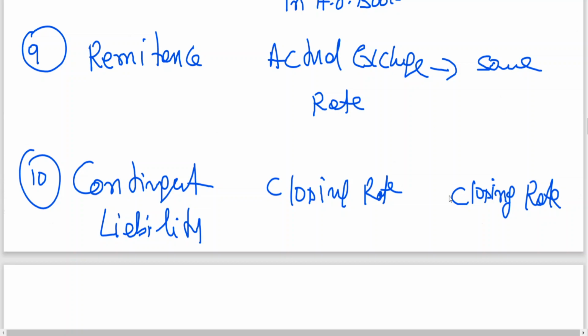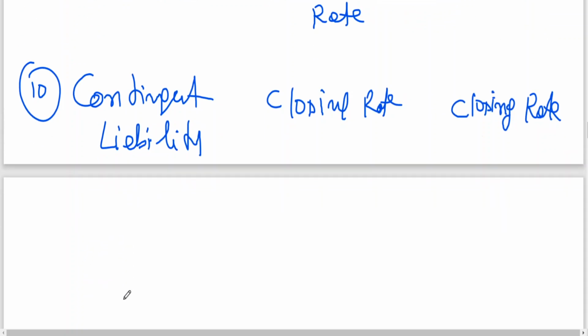What is contingent liability? A liability which may arise or may not arise is called contingent liability. Now when we are converting foreign currency into Indian currency, definitely we will have either gain or loss in translation of the foreign currency into Indian currency.